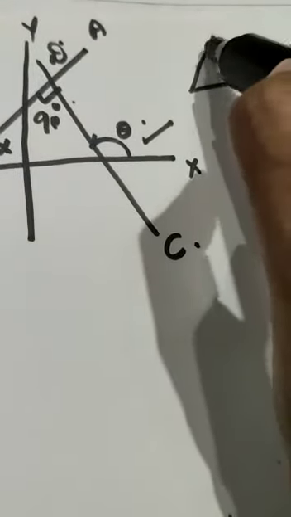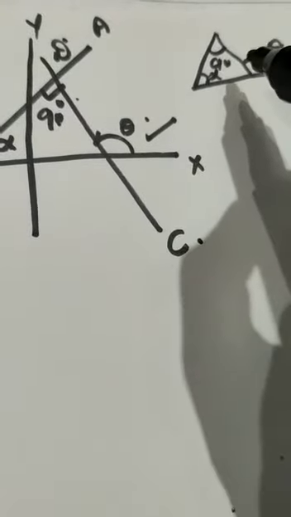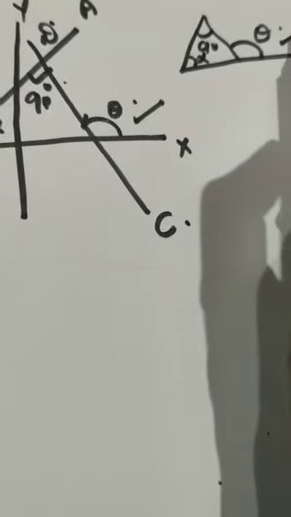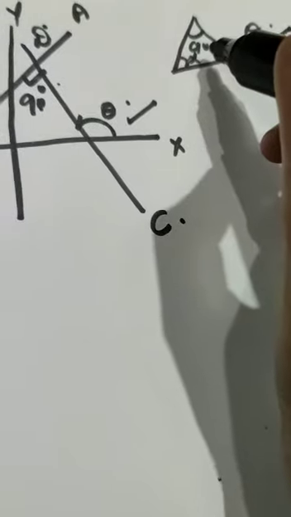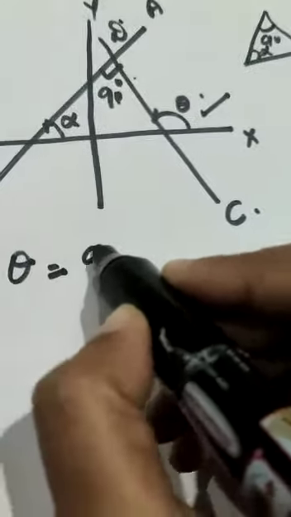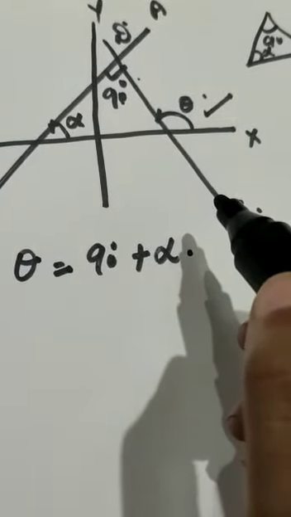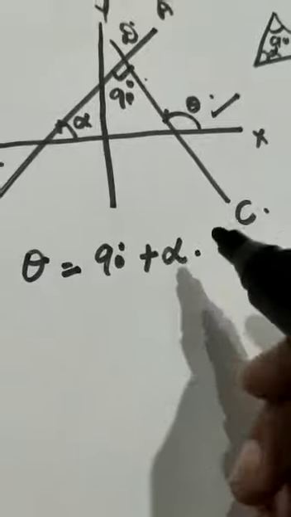This is an exterior angle. Exterior angle is equals to sum of two interior opposite angles. So from the figure we can see that theta is equals to 90 plus alpha.